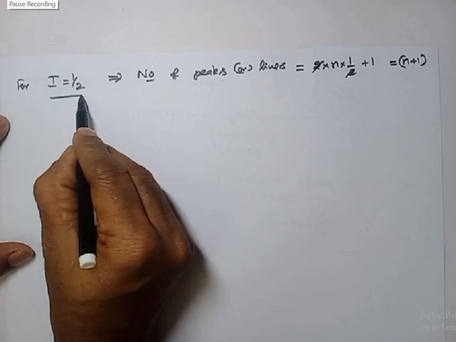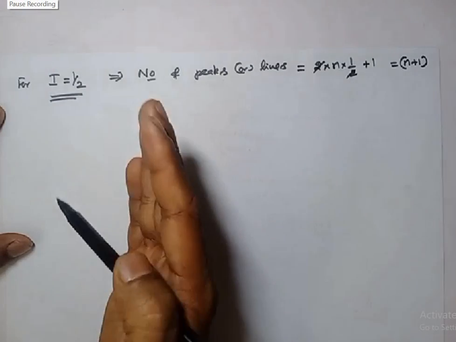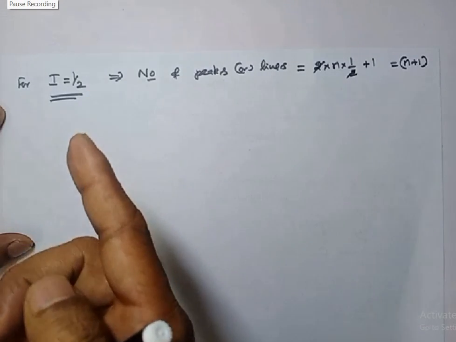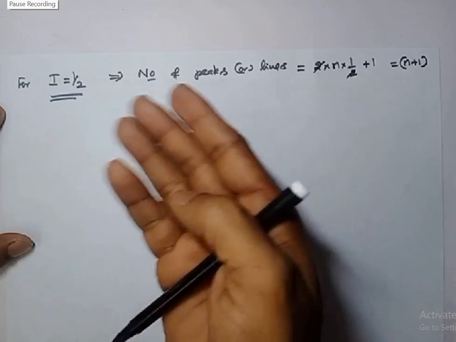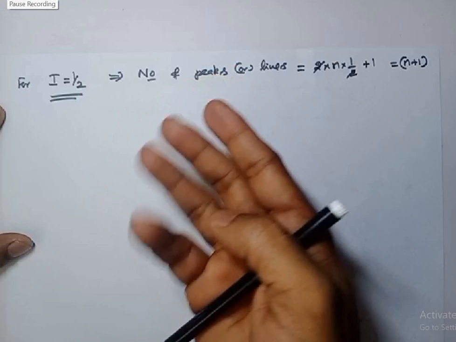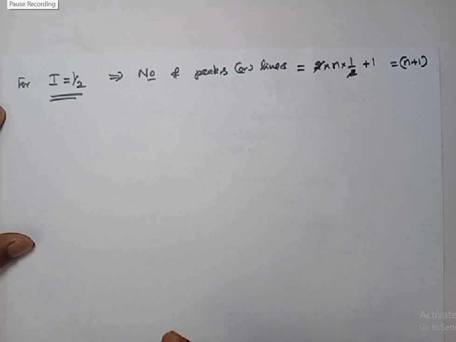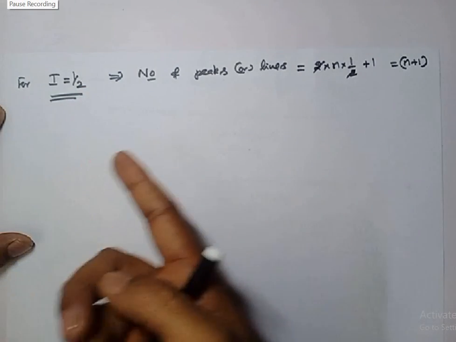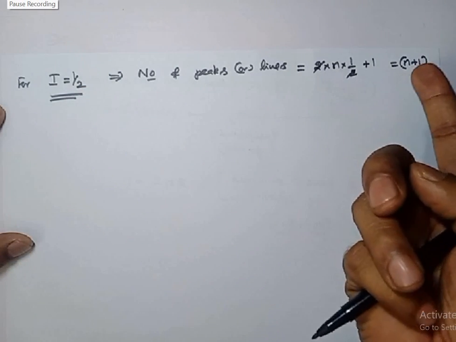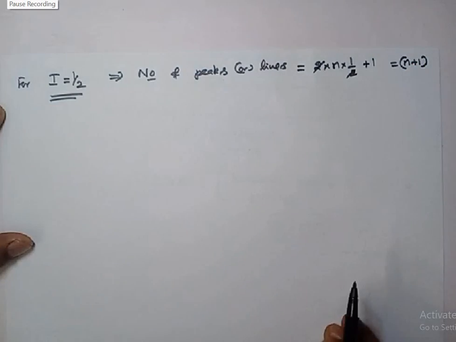So in the case of proton NMR, if I have one signal and that signal is split into a doublet, triplet, quartet or quintet depending upon the number of adjacent protons present, and since the adjacent protons also have I equal to half, we get n plus 1 peaks for each signal.